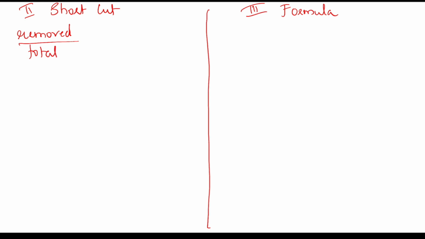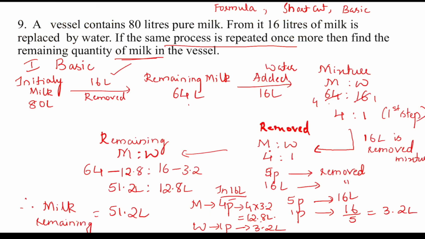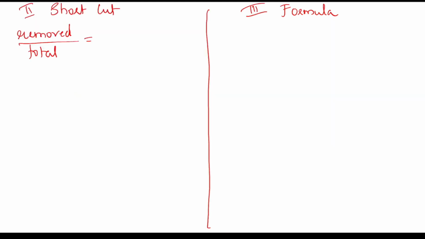So how much is removed? 16 liters is removed and the total was 80 liters. Therefore 16 divided by 80 is 1 by 5. That means one part is removed.